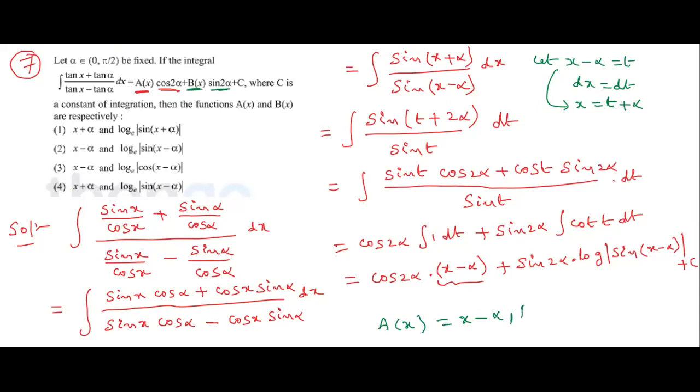So b of x is equal to logarithm of modulus sin of x minus alpha. These are b of x and a of x. Verify the options. Which option is correct? Second option is correct. These are very easy questions, I think.